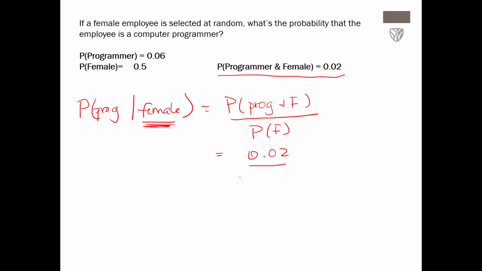Probability of being a female is 0.5. And so our probability here is 4%. So given that you have a female employee, if you selected a female employee at random, the probability that that individual would also be a computer programmer is about 4%.